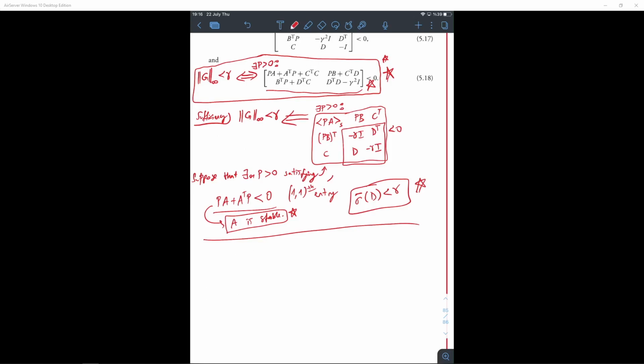I'm going to try to turn this 2 by 2 matrix inequality into a single line inequality.